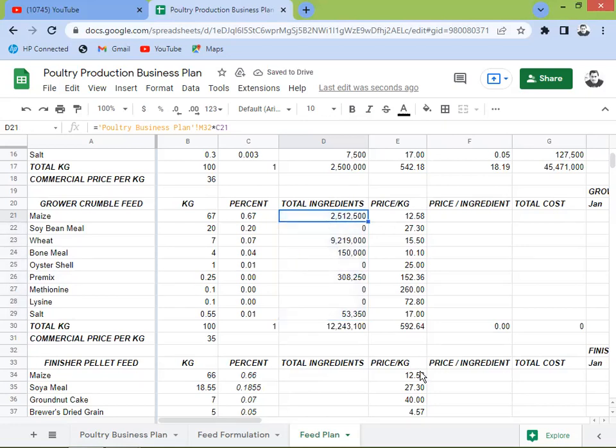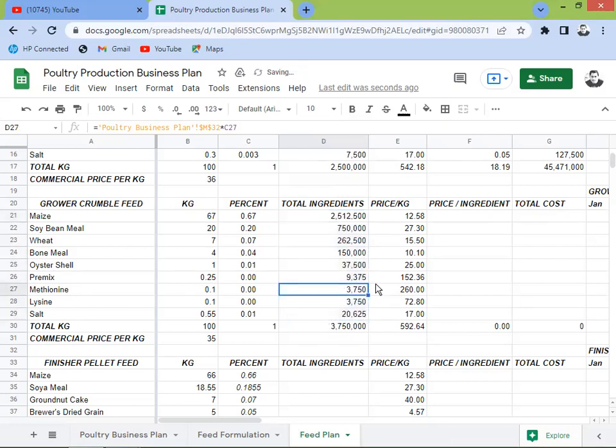This is the problem when you are not using the absolute cell reference, because the poultry business plan volume of the maize grower crumble feed requirement is coming from just one cell location. So you have to press F4, and then pull it down.